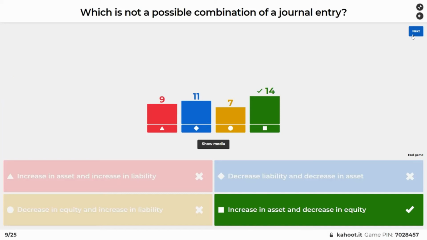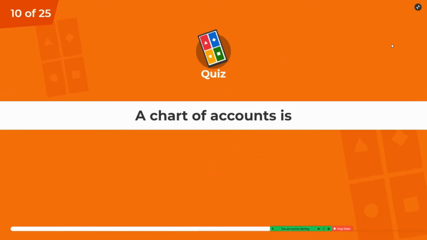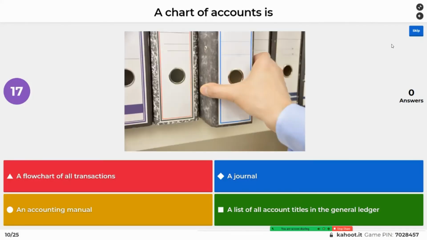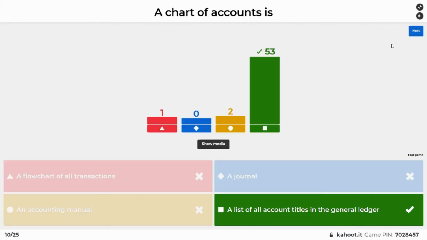So, okay, so correct answer is an increase in asset and decrease in equity, no? So, not a possible combination. A chart of accounts is okay, so it's a list of all account titles in the general ledger.